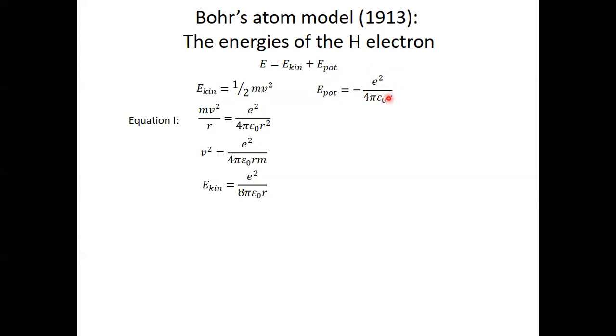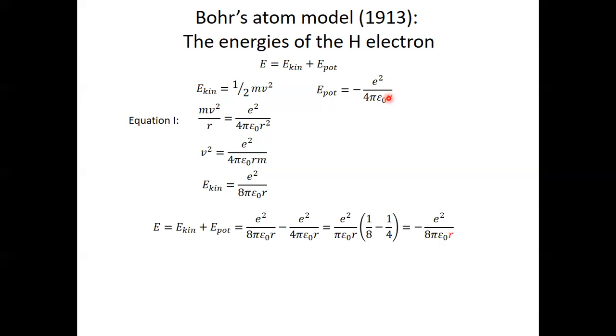Now we can just add these two. The overall energy is the kinetic energy, which is this one, plus the potential energy, which is this. You see they are mathematically similar. So this is e squared over 8 pi epsilon 0 r, and that is e squared over 4 pi epsilon 0 r.